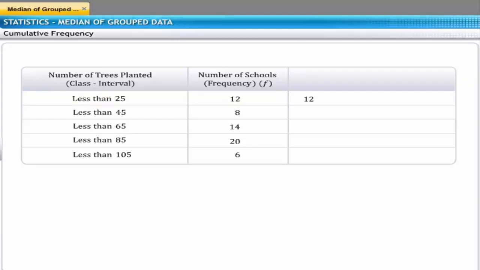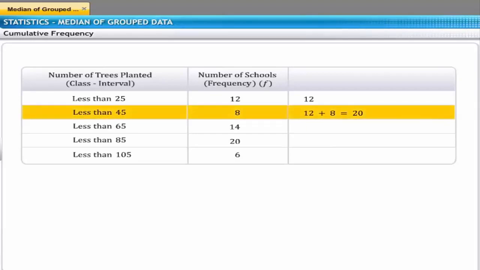However, the number of schools that planted less than 45 trees is the sum of the frequencies of class intervals less than 45 and less than 25. That is, 12 plus 8, which is equal to 20. Thus, the adjusted frequency of the second class interval is 20.